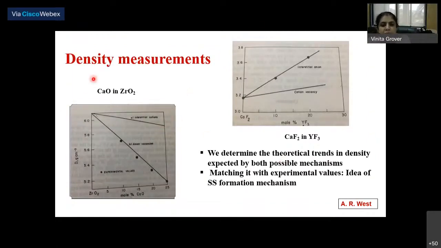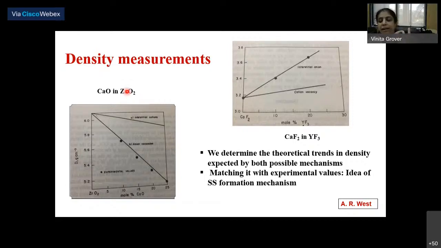Now, here we have two solid solutions, calcium oxide in ZrO2 and calcium fluoride in YF3. So what we do in density measurement, we determine the theoretical density. Now, assuming calcium oxide, if I put it in ZrO2, we discussed some time back, I have two options.